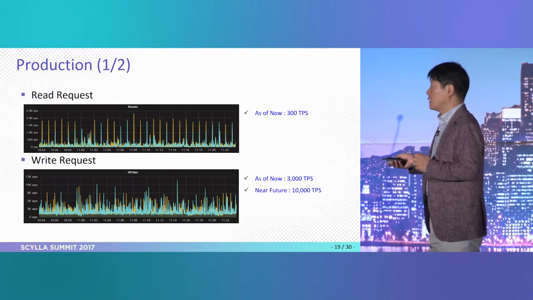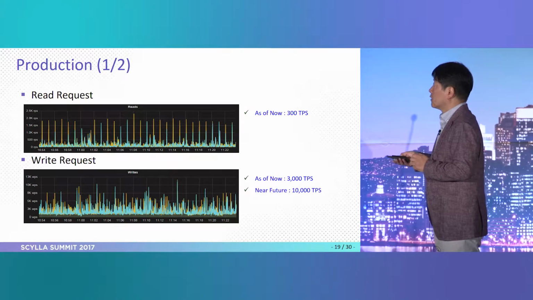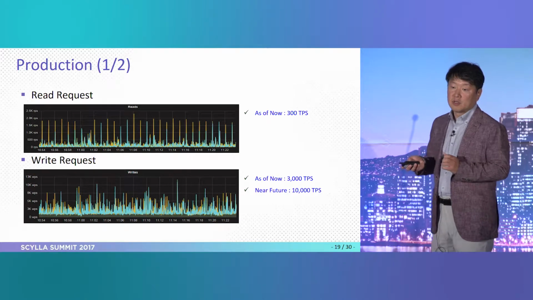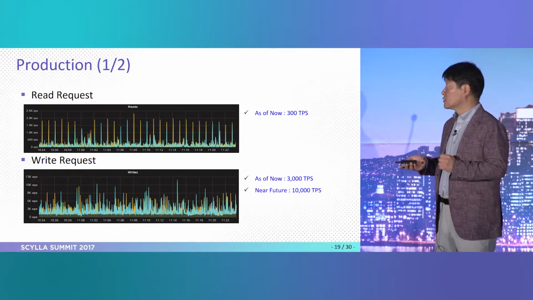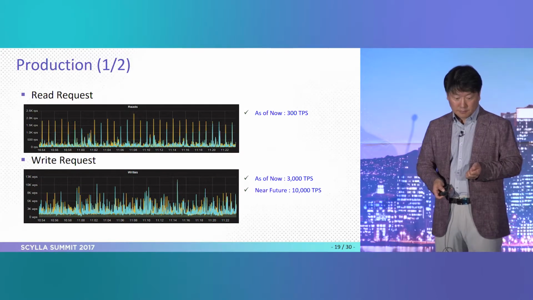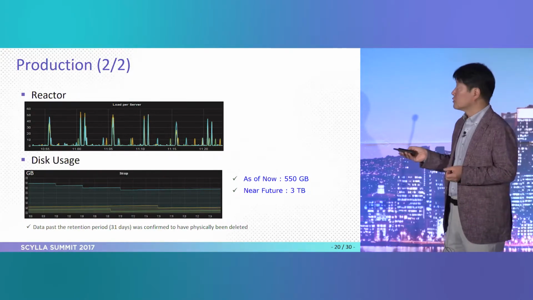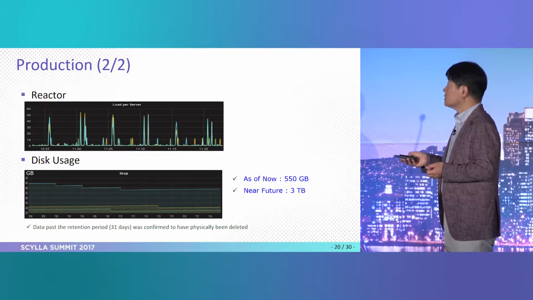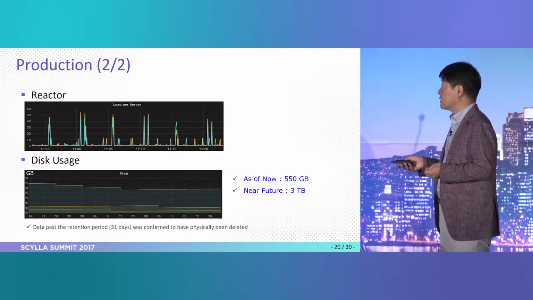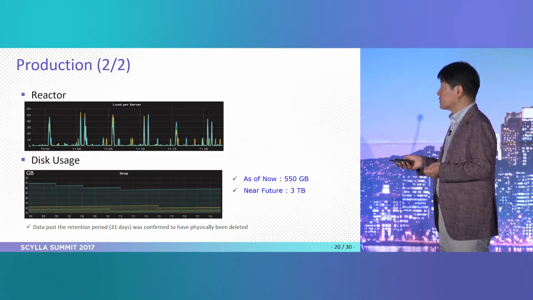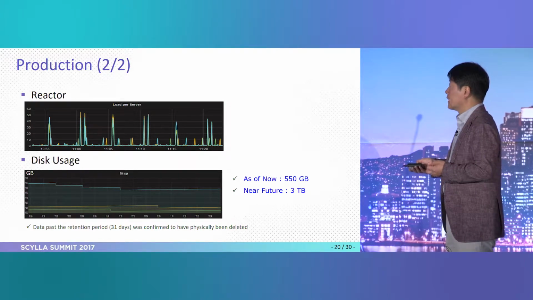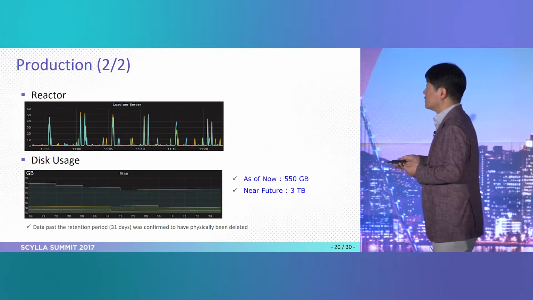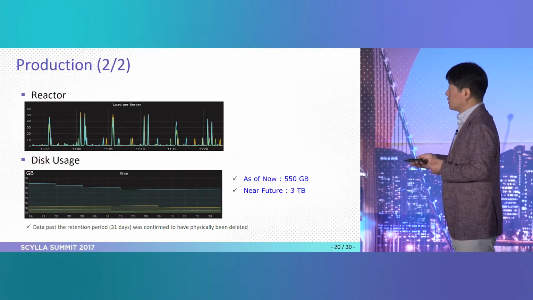But I'm sure ScyllaDB can cover the required throughput that we expected. This graph also shows the read metric and disk usage metrics. The current data size is not much larger than we expected, but it will increase soon.